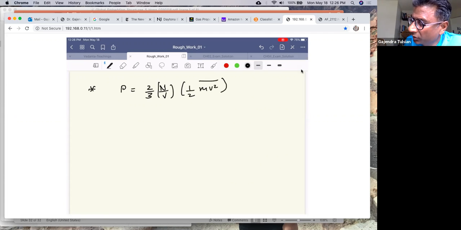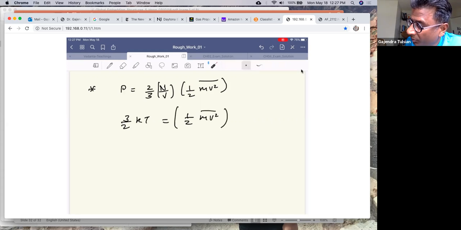Here is a macroscopic quantity, the pressure of the gas, related to the average kinetic energy per molecule. We got an expression for the kinetic energy. Here's a microscopic quantity and here's a macroscopic quantity. The average kinetic energy per molecule is 3/2 kT.